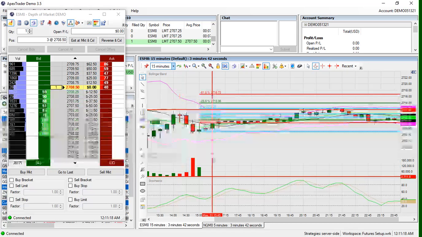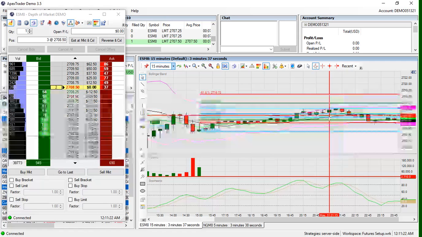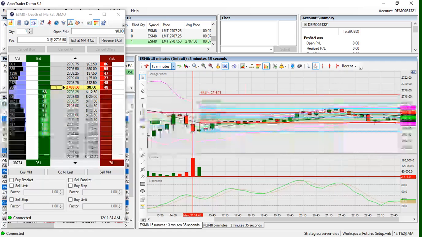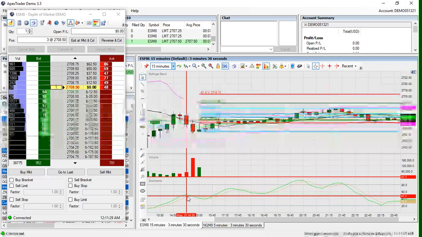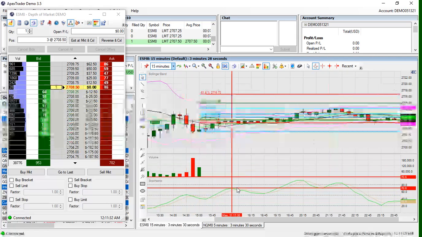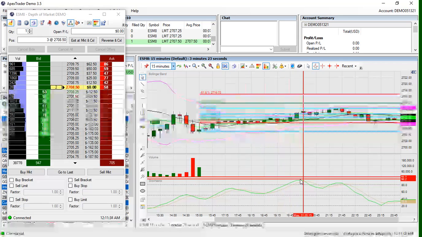So I'm creating a higher high than I did before. So my momentum, you can see with the stochastic indicator, my momentum slowly went up and I created a higher high.